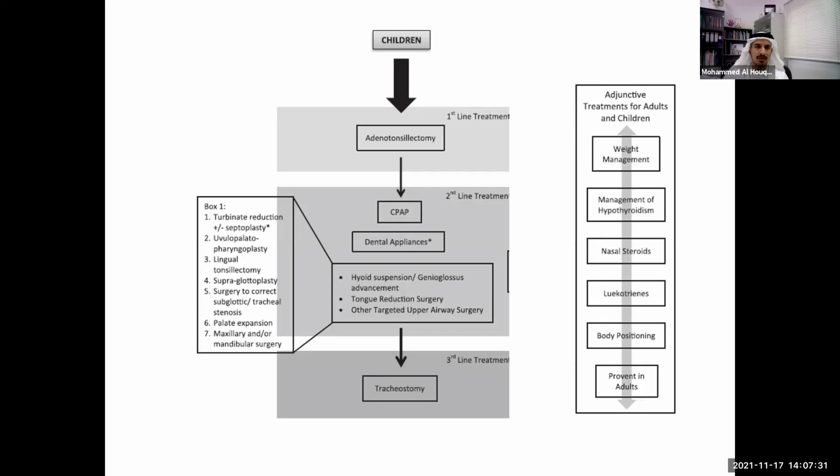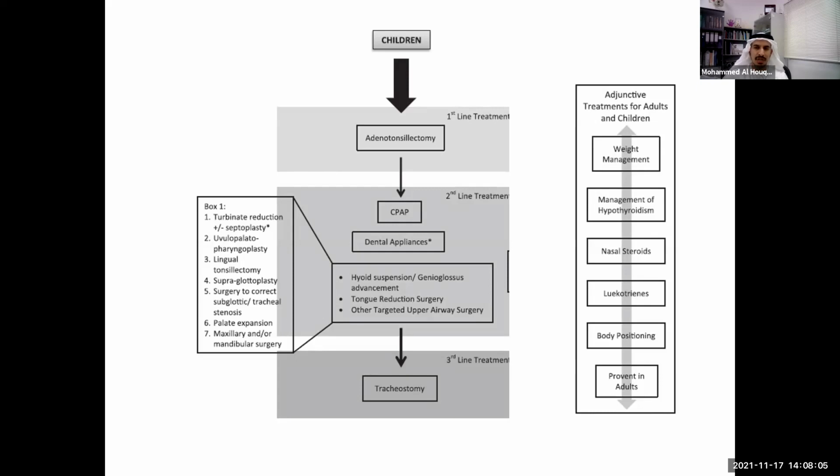It would be hard to start them on CPAP, simply because most of them have a small airway, and tonsils and adenoids most of the time do contribute to the obstructive sleep apnea. Now, we should always repeat the sleep study after the surgery to see if there's any residual degree of obstructive sleep apnea.